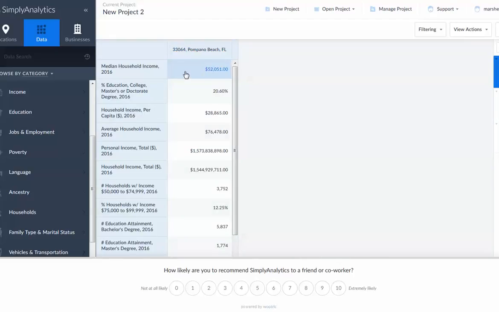And so what do I have here? The median household income in this zip code is $52,000, right? Of that, 20% of these people have college education of some sort. That's good, for instance, if I'm looking to do something that involves educating children, right?